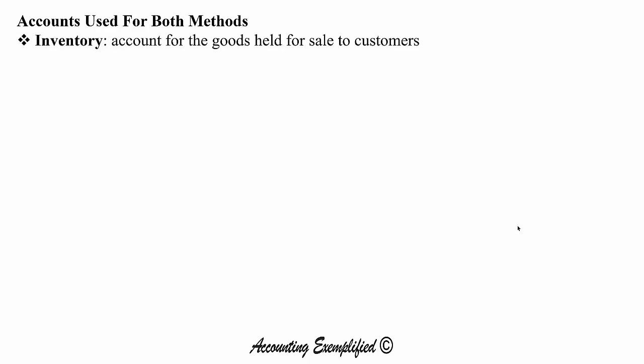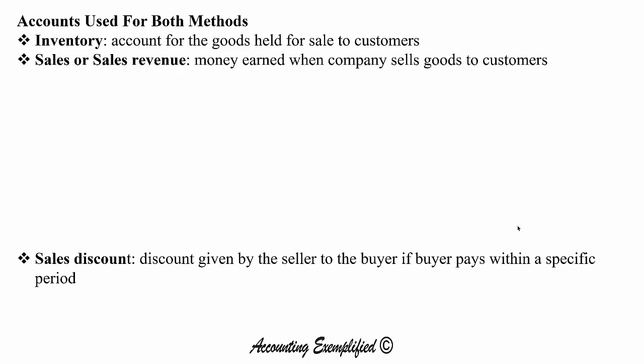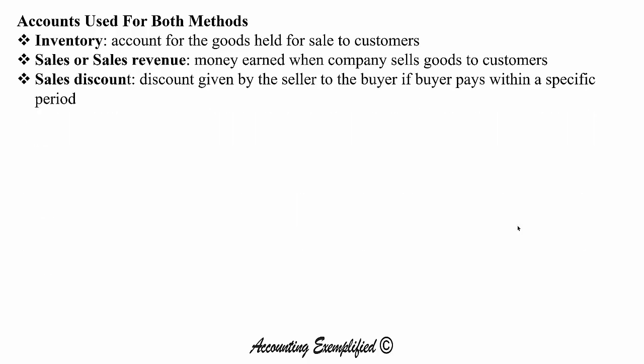Now, accounts that are used for both the methods. Inventory. Inventory account is maintained by the companies that use either method. That is, we need to have an inventory account under both the methods. Sales or sales revenue. This is to account for the money earned when the company sells goods to customers. Sales discount.